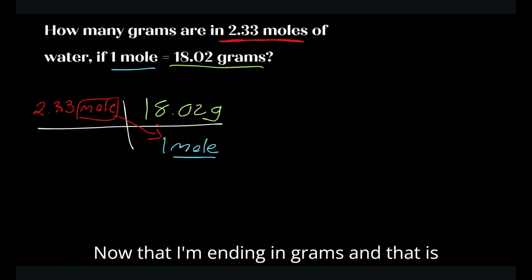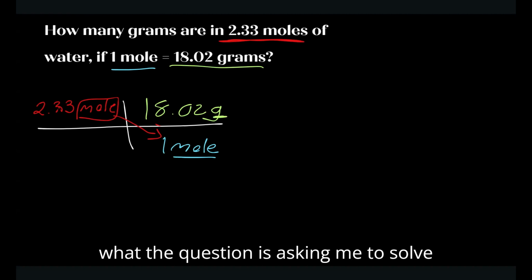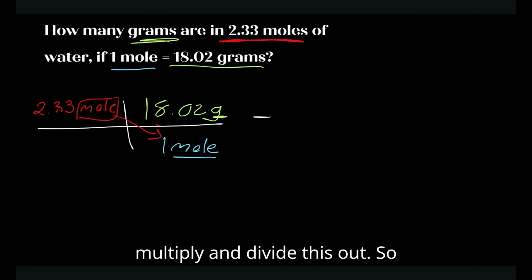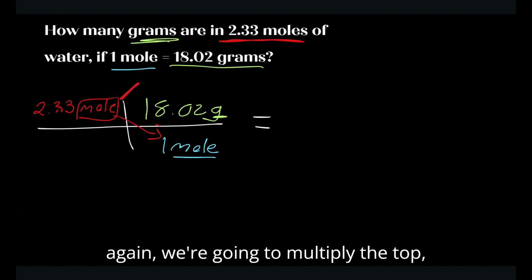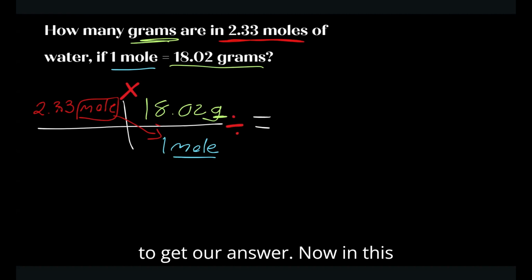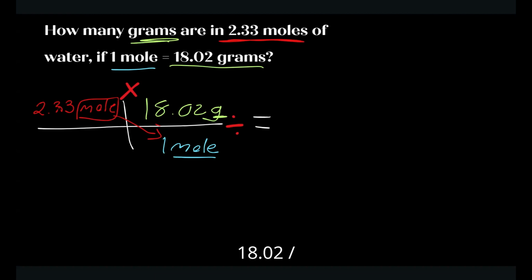Now that I'm ending in grams, and that is what the question is asking me to solve for, I am able to go ahead and multiply and divide this out. So again, we're going to multiply the top, we are going to divide the bottom in order to get our answer. Now in this case, it is 2.33 times 18.02 divided by 1.